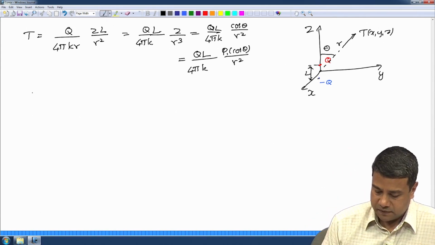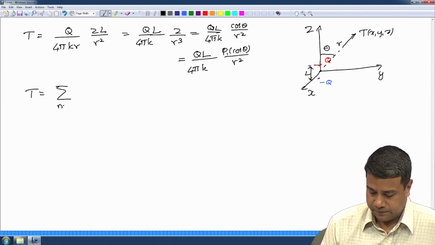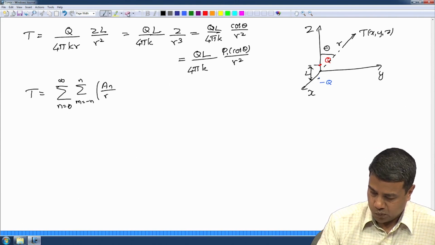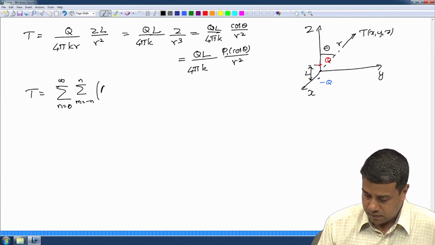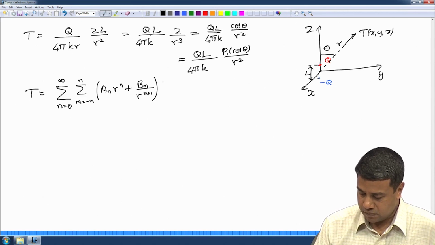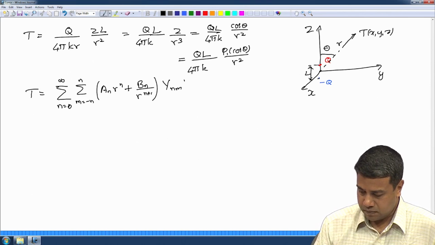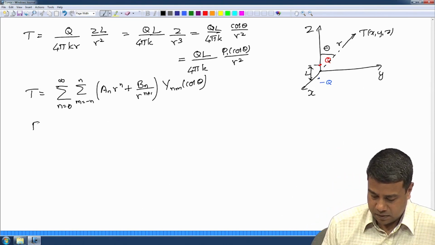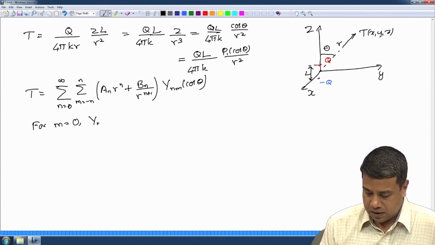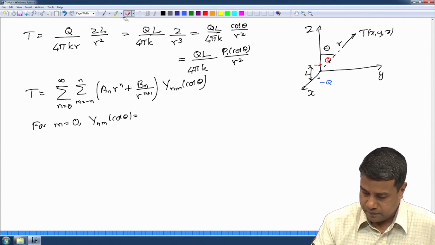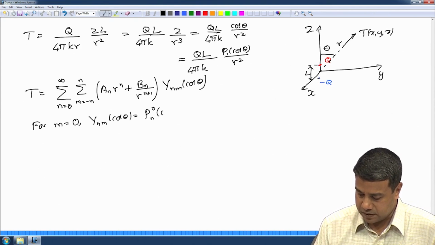Let us refer back to the expression for the temperature that we had derived earlier. For m is equal to 0, Y n m of cos theta was just equal to Y n 0 of cos theta.